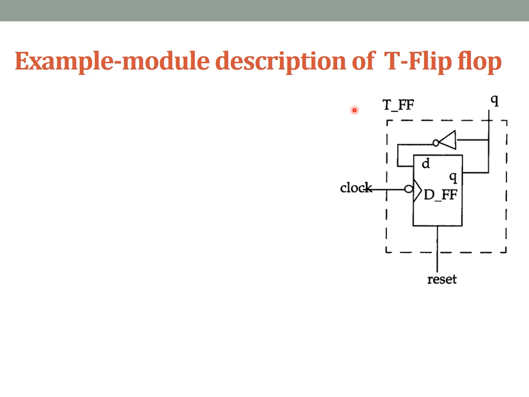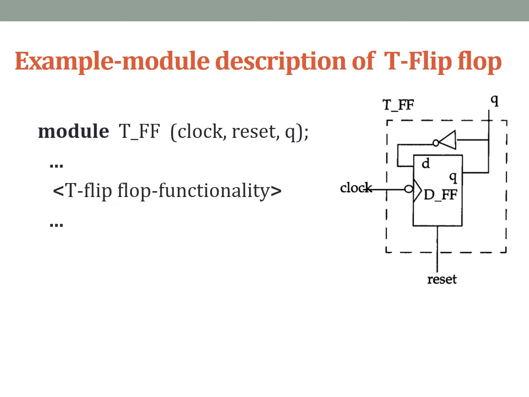So the first line of code would be module, which is the keyword, followed by the module name T_FF, and within parentheses we list out the input and output terminal list of that particular module and end it with a semicolon. Later we have described the functionality of the T flip-flop in the internals of the module, and we know that every module must end with the keyword endmodule.